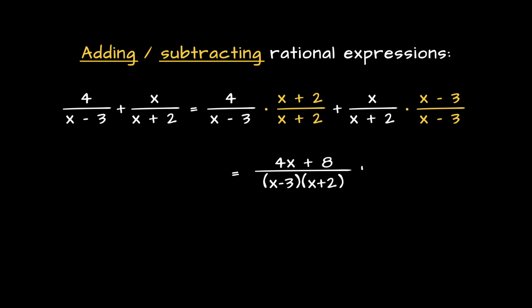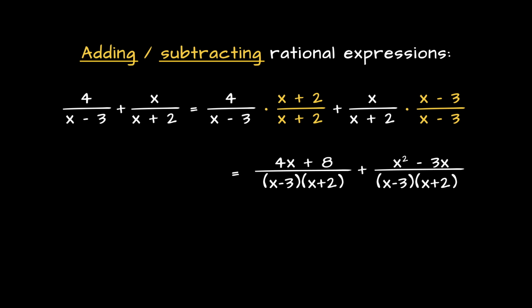And the second term in our sum will be x times x minus 3, that's x squared minus 3x, all over the common denominator of x minus 3 times x plus 2.